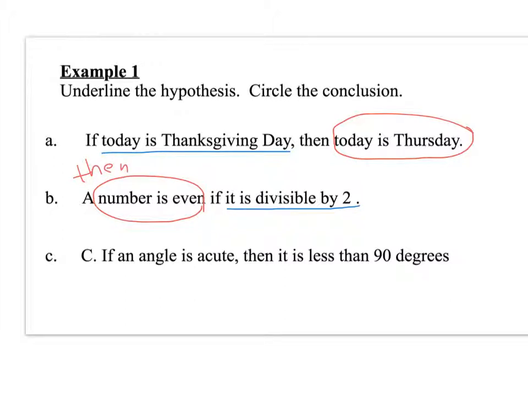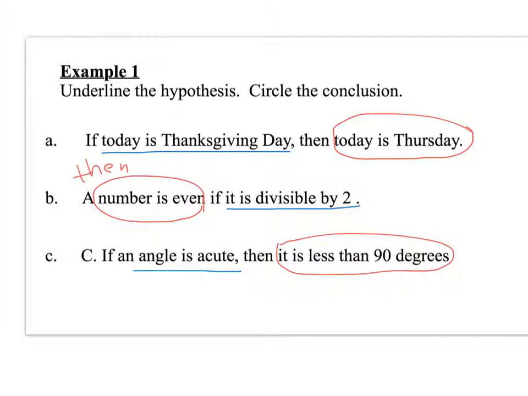Those are a little tricky when they're written that way. The next one isn't too bad. If an angle is acute, so you have an acute angle, then it is less than 90 degrees. It is less than 90 degrees would be the conclusion. The only ones you have to really be careful of are the ones written kind of backwards.